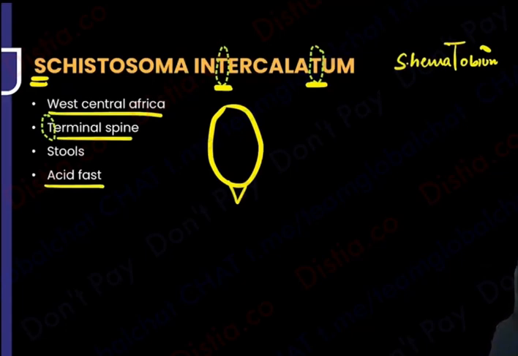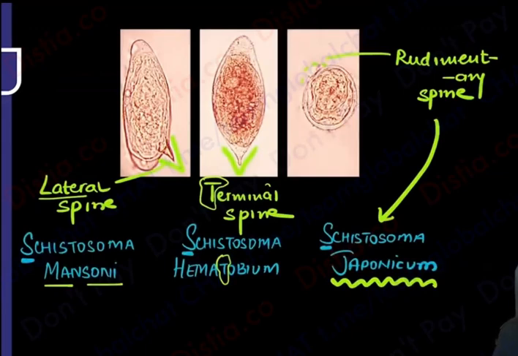So quickly telling you the diagnostic ability. For the diagnosis you're going to look at these, and now you can analyze. Haematobium, because of hematuria, urinary bladder, you will see this in the urine sample. And these two, which are small intestine and large intestine, these eggs you will see in the stool sample. Use common sense.